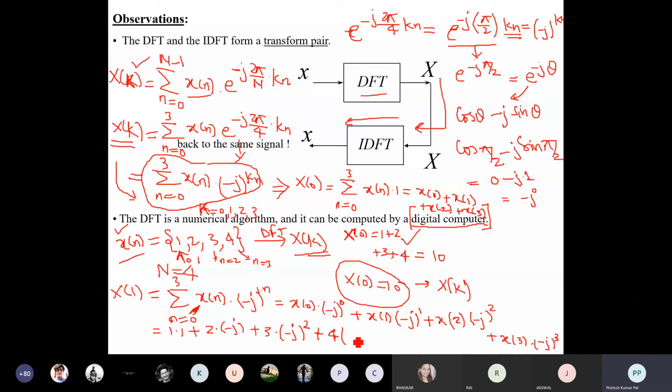Okay, now we will solve this. So 1 multiplied by 1 will be 1, plus 2 into minus j, that will be minus 2j. Then again we will square minus j to the power 2. What will be the value of minus j to the power 2?